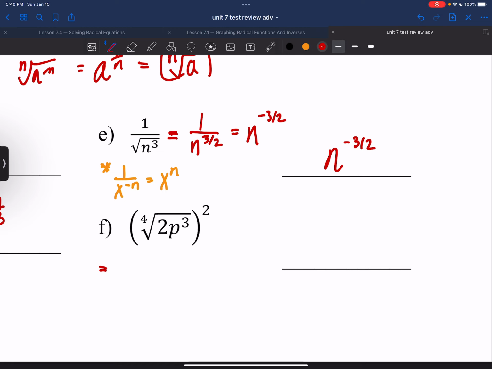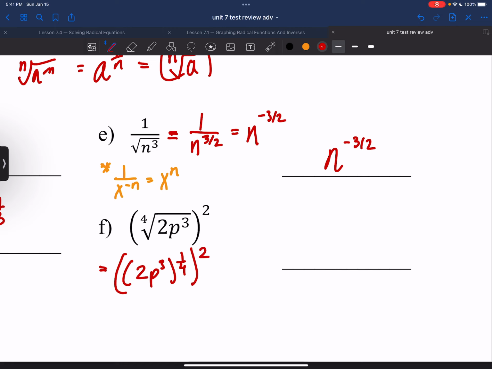Let's try. Well, okay. Here's what we could do. We could say, leave the cube in there. Let's say that this is 2p cubed to the power of 1/4, and that this is getting squared, right?